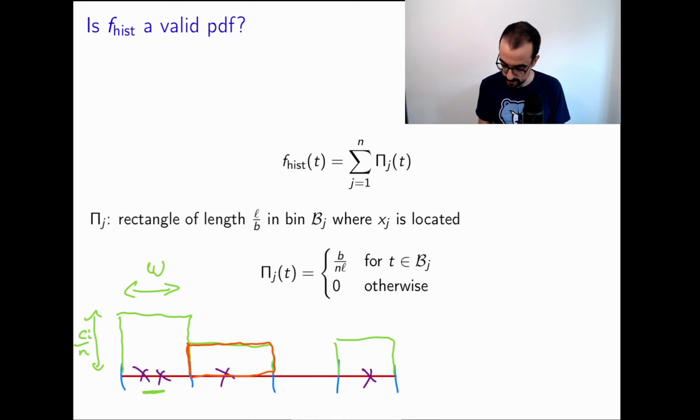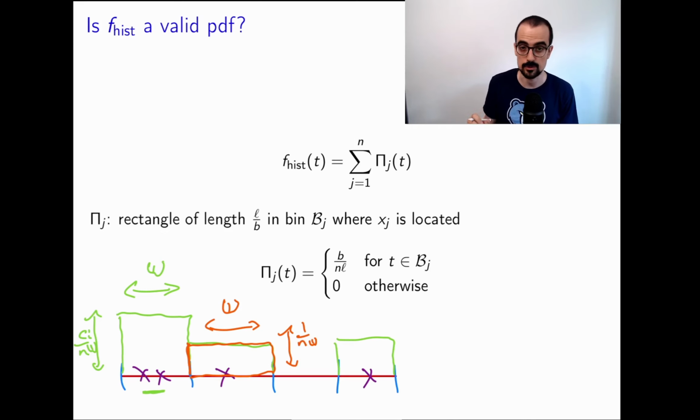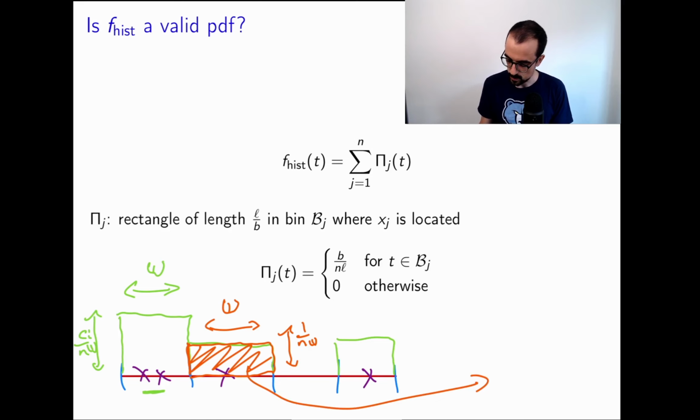There's an individual rectangle which has width W and has height 1 over n and over W, sorry, I forgot to write the division by W. Remember that this area represents the empirical probability, the number of points that fall in this bin divided by n, so the W's cancel out. So this rectangle has area 1 over n.